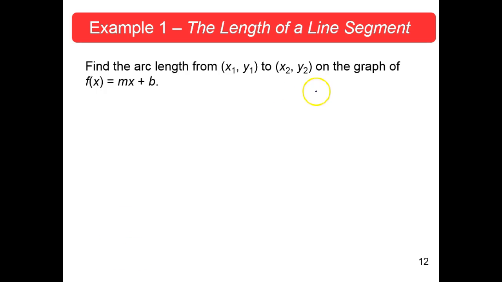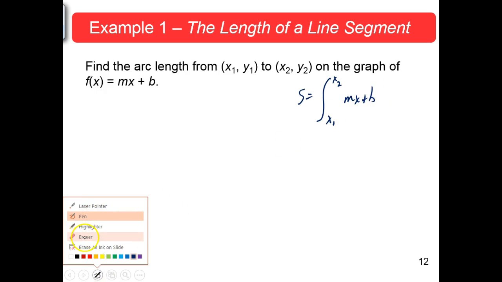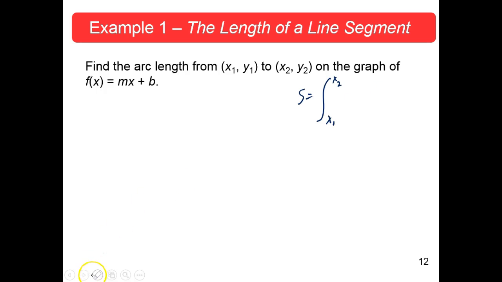If you remember your function, the arc length is the integral from x1 to x2 of the square root of 1 plus f prime of x squared dx. Okay? There's your f.